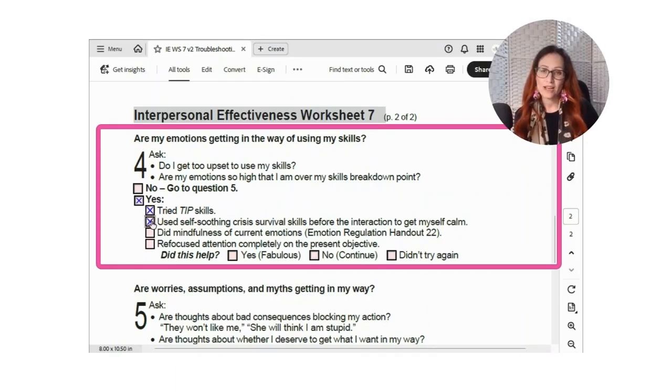You can also try self-soothing crisis survival skills before the interaction to get yourself calmer. You can do mindfulness of current emotions and refocus your attention completely on the present objective. Try these 4 strategies and then record whether it helped this time or whether it didn't.